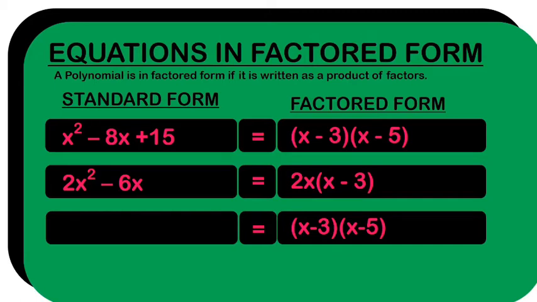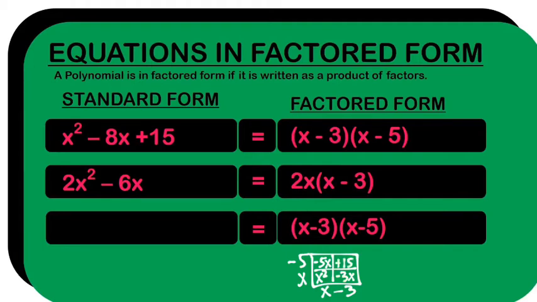If we have a factored form problem and we want to turn it into a standard form problem, we can multiply the factored form and we will get the standard form. So if I make a table and put x minus 3 here and x minus 5 here, I will get x squared minus 5x minus 3x plus 15.